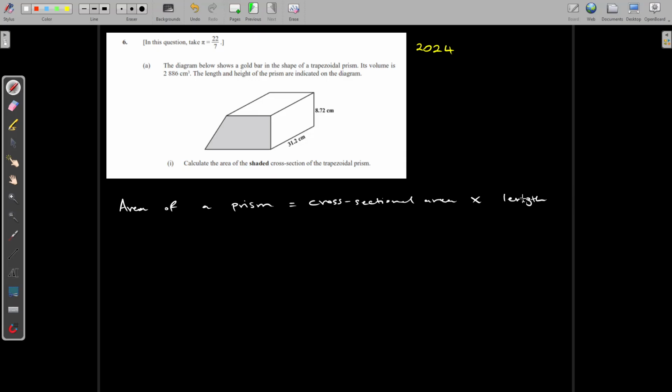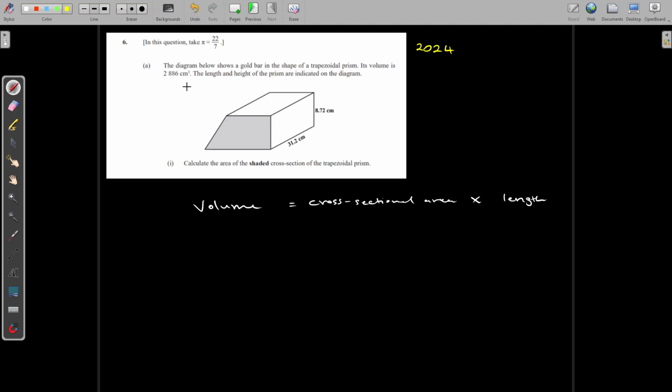Could be length or height, it's just the same. This goes for all prisms. Area of the cross section times the length, that's going to, I shouldn't say area, it should be volume, sorry. So the volume is cross-sectional area times the length.